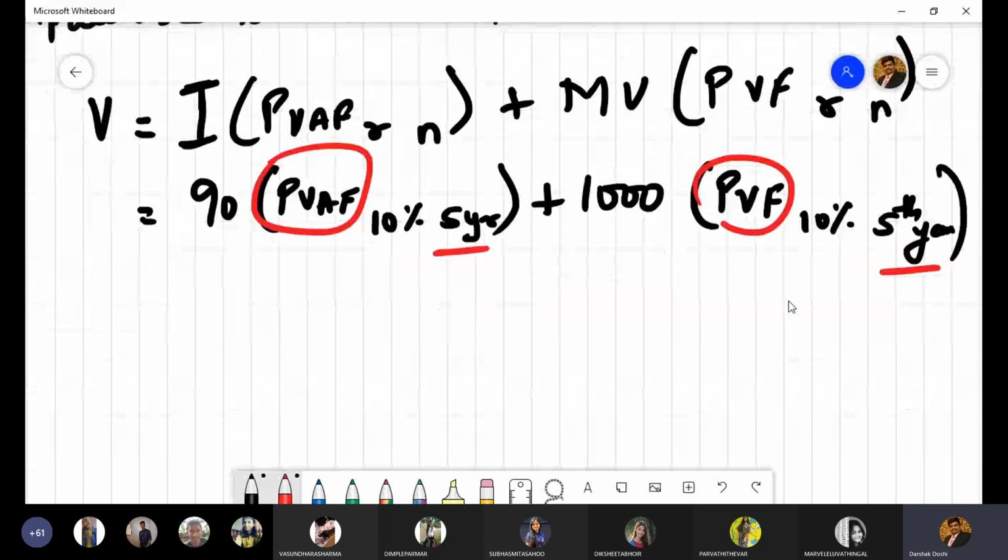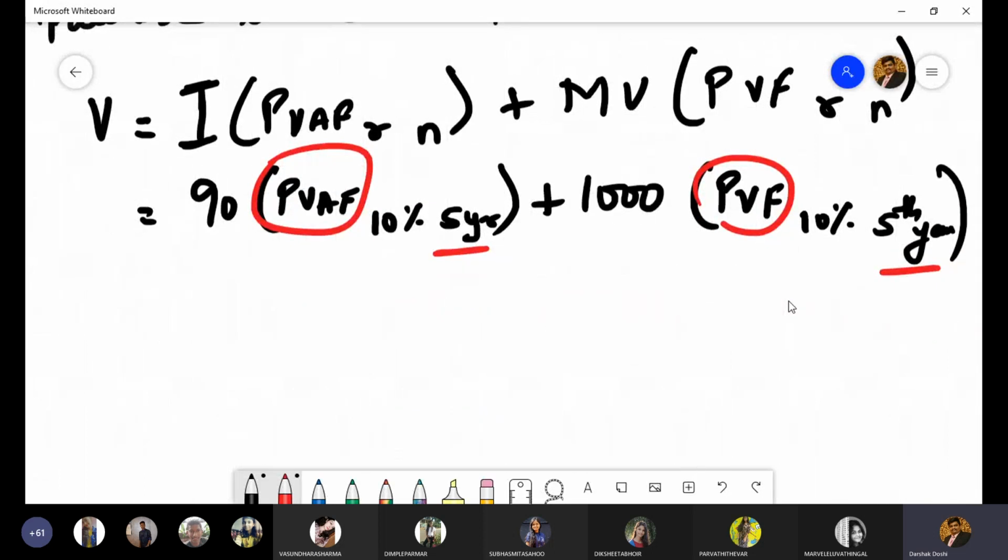So on your calculators, do you know how to calculate present value annuity factor and present value factor? Have you calculated present value factors anytime in past? We had done it. I myself have taught you in financial management and business mathematics.